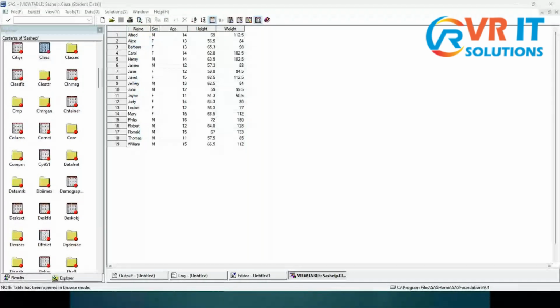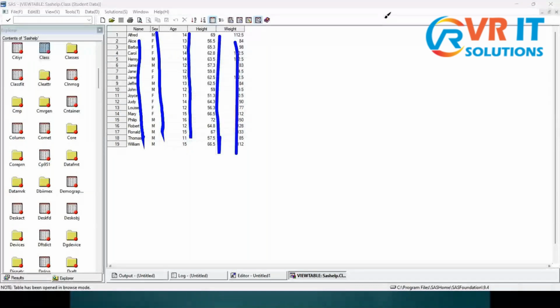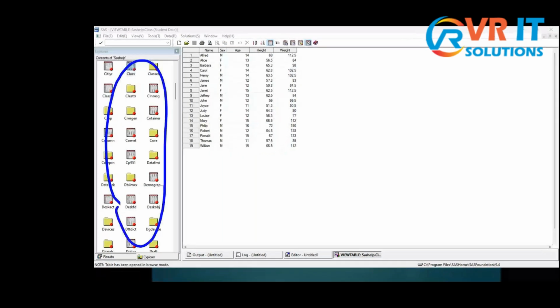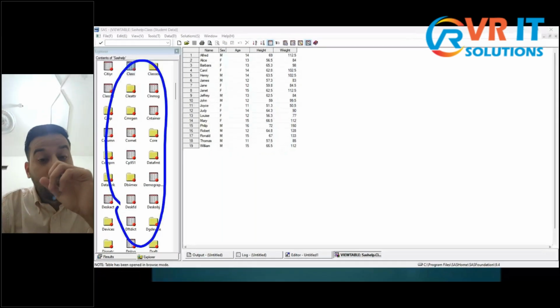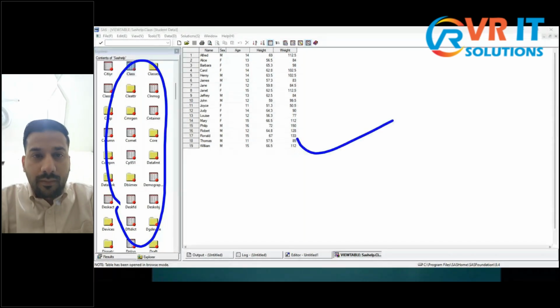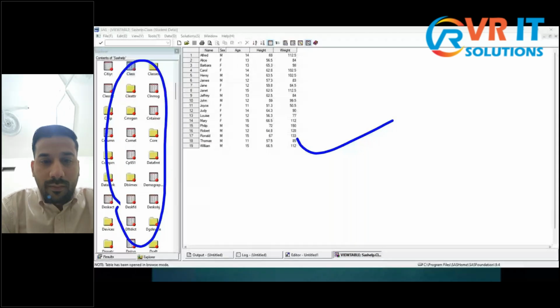If you observe, there are names of some people as students, the gender or sex of those students, then we have the age of those students, height and weight. SAS provides us a lot of sample or free data sets that we can practice with. This is one of the small data sets.